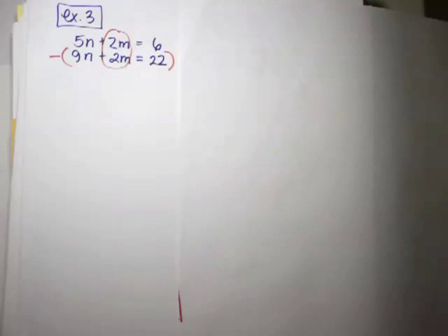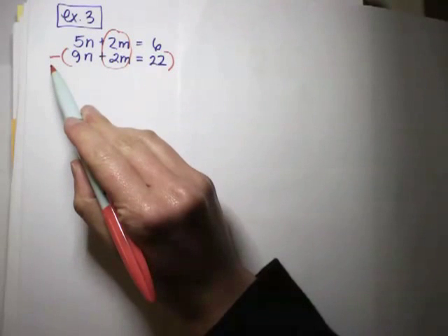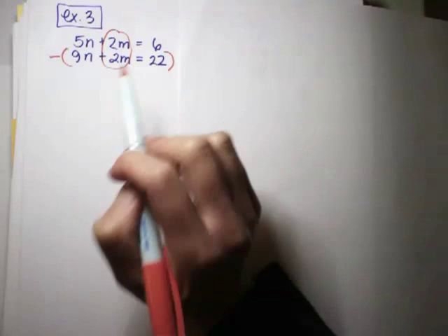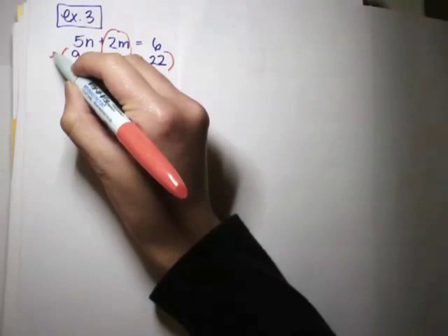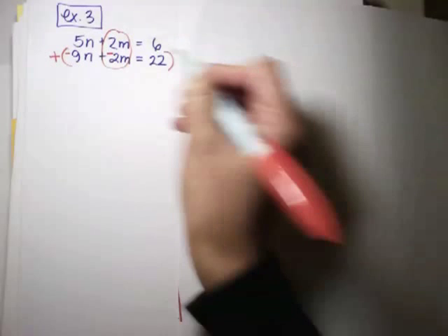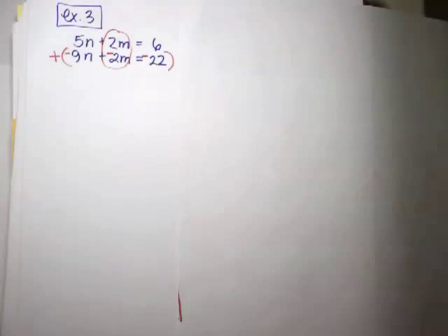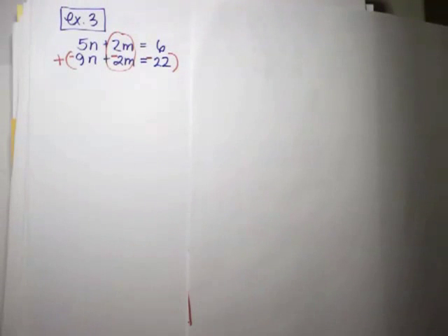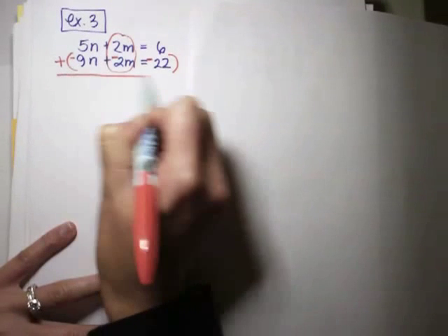We want to make sure to distribute that negative sign to each of the terms in the equation. In order to do that, we change this to an addition problem, and we distribute the negative to each term. Now we can go ahead and add it just like we did for the previous examples.